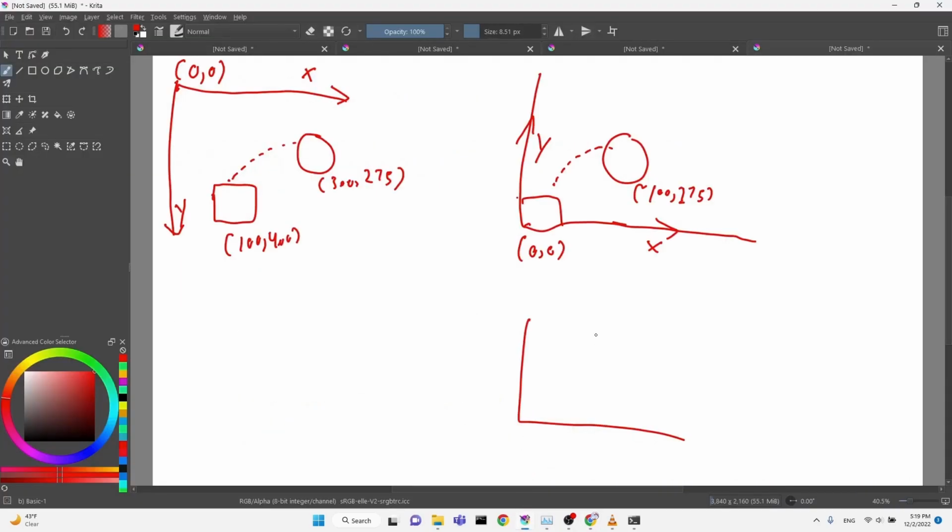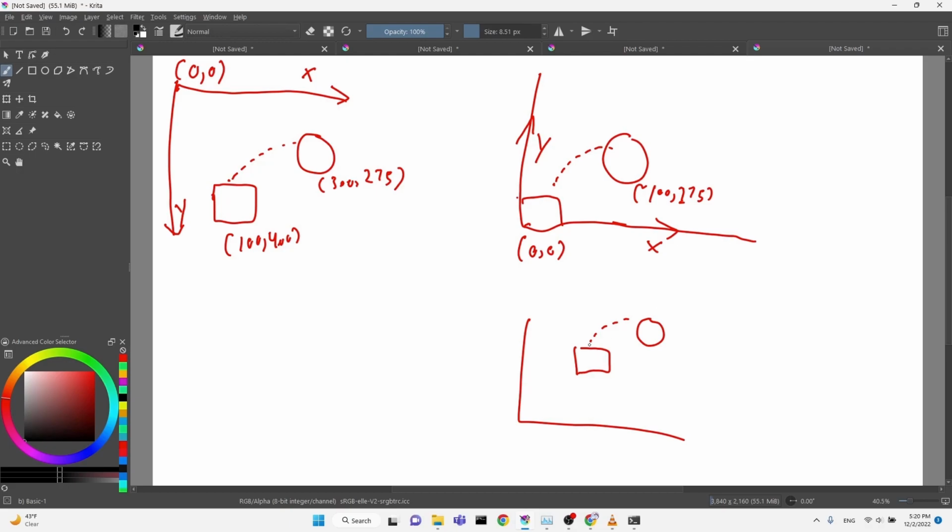Let's say we have this target and this shooter. Now, the shooter position isn't 0, 0. Obviously, it isn't 0, 0. So this formula won't work in this case. It won't work. That's really sad, right?